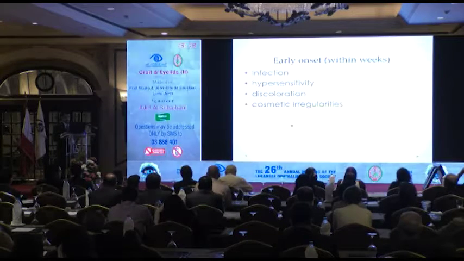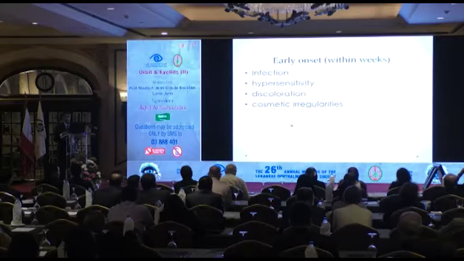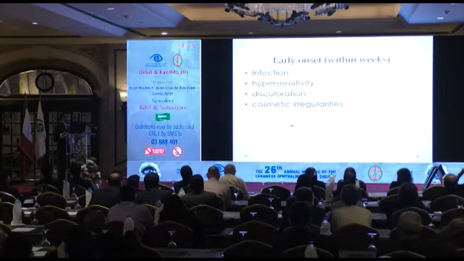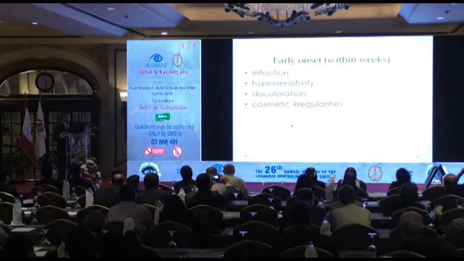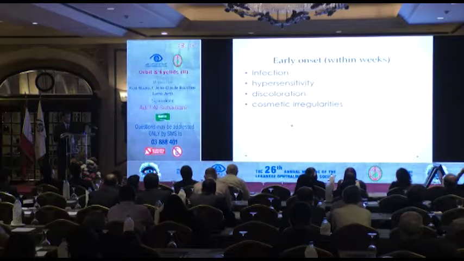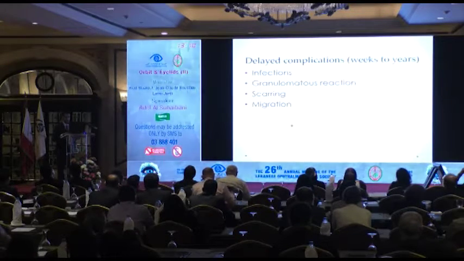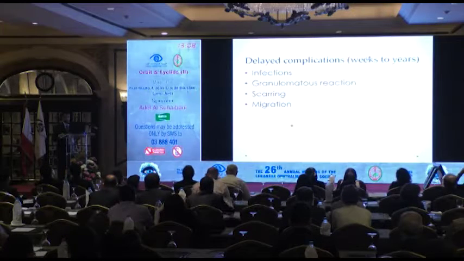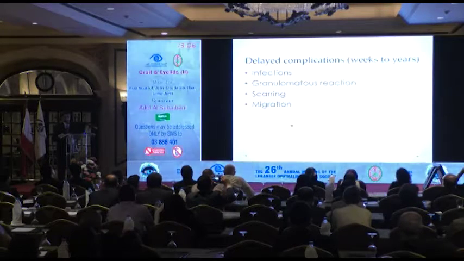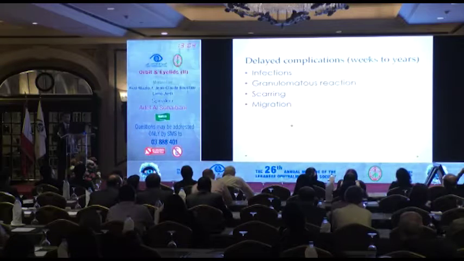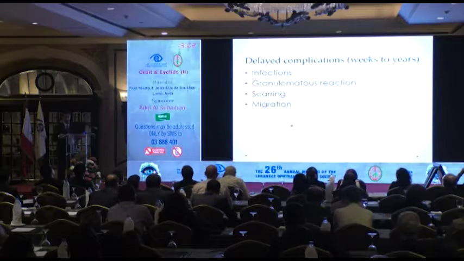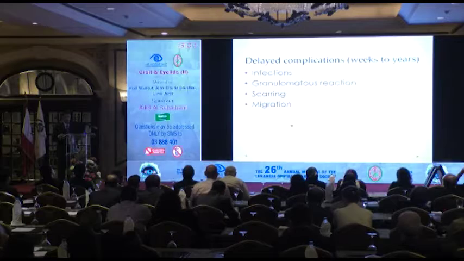The early complications, weeks after the injection, include infection, hypersensitivity reaction, discoloration, or cosmetic irregularity. Delayed complications again include infection, granulomatous reaction, as nicely shown in the last case, and scarring and migration.